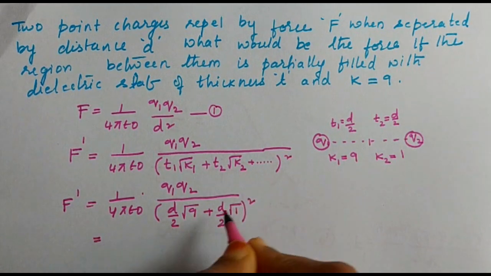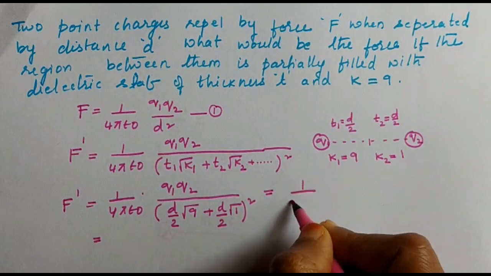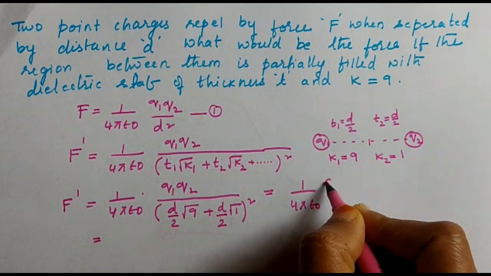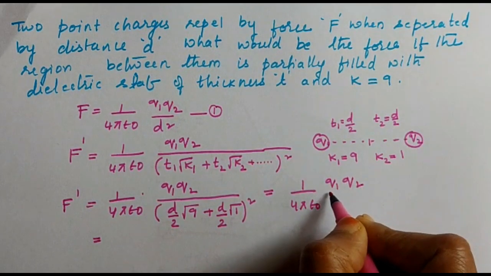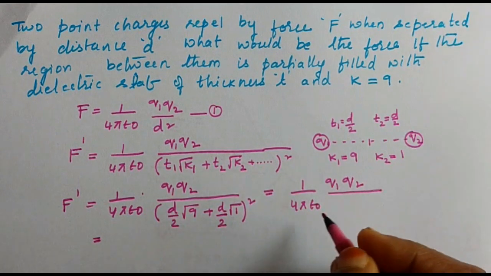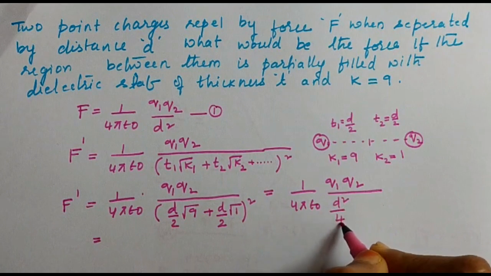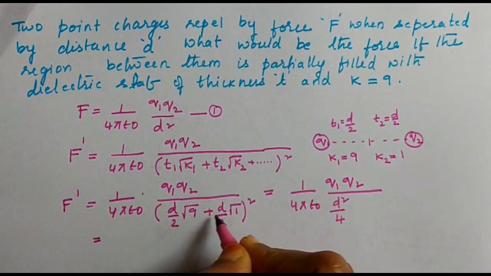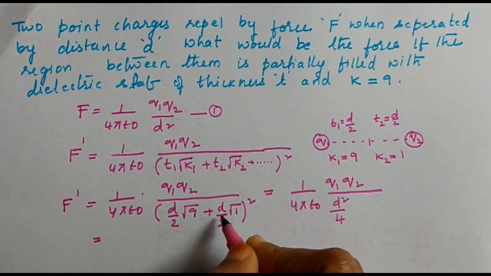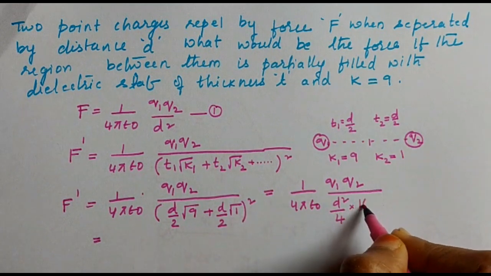That's nothing but 1 by 4 pi epsilon naught q1 q2. Take out this d by 2 common, d by 2 whole square will become d square by 4, root 9 plus 1, that will be 3 plus 1, 4 square, which is 16.